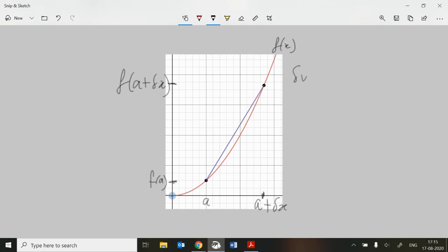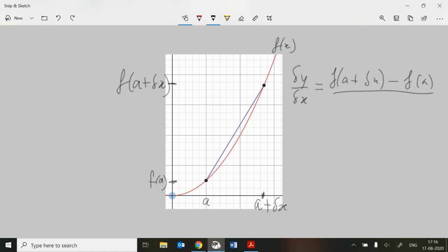So we're going to do a small change in y divided by a small change in x, and the change in y there is going to be f of a plus delta x, take away f of a, so that's just the change in height, divided by, and the small change in x is actually just delta x.